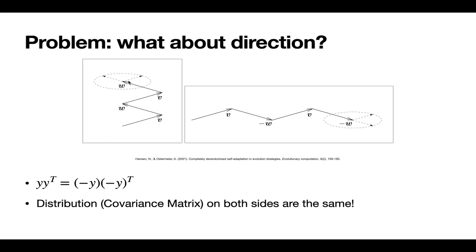distribution shape. But intuitively, we know that for two different sequences of update vectors, the eventual outcome of the covariance matrix should be different. And just intuitively, because on this left side, all the update vectors kind of go along the vertical direction upwards, that should be considered as an indication that the upward direction is the direction for fitness improvement.